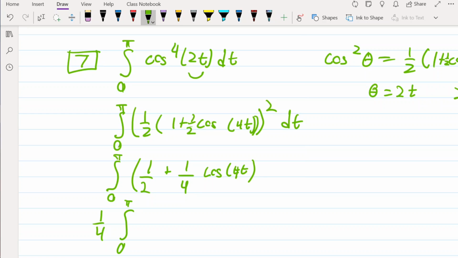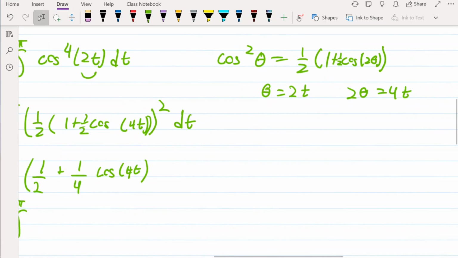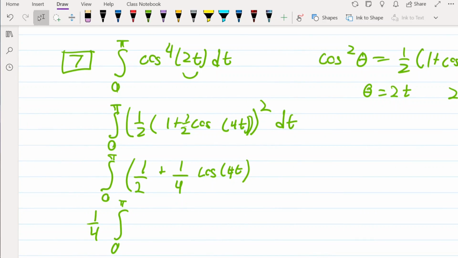It's just 1 plus cosine of 4 theta, and all of it is squared. No, there is no half next to cosine. It's just 1/2 of that entire variable, and all of it is squared. And that's what you do: you take the constant of 1/2 squared out.